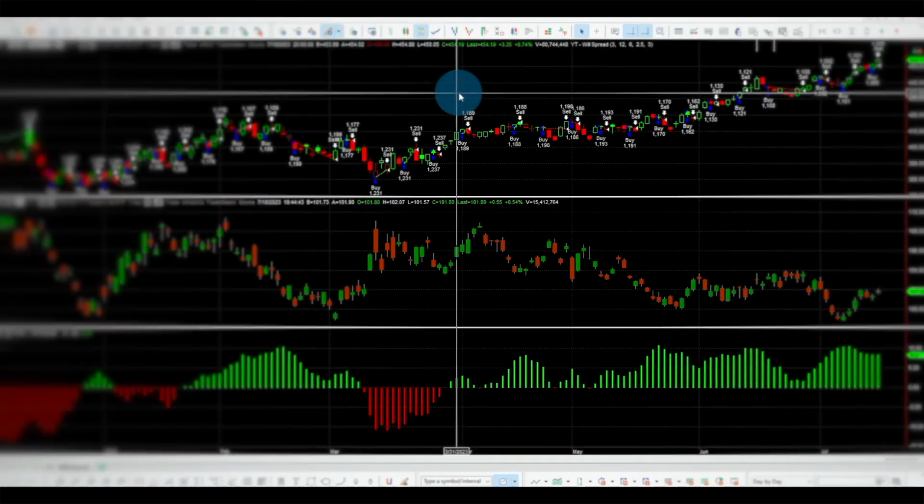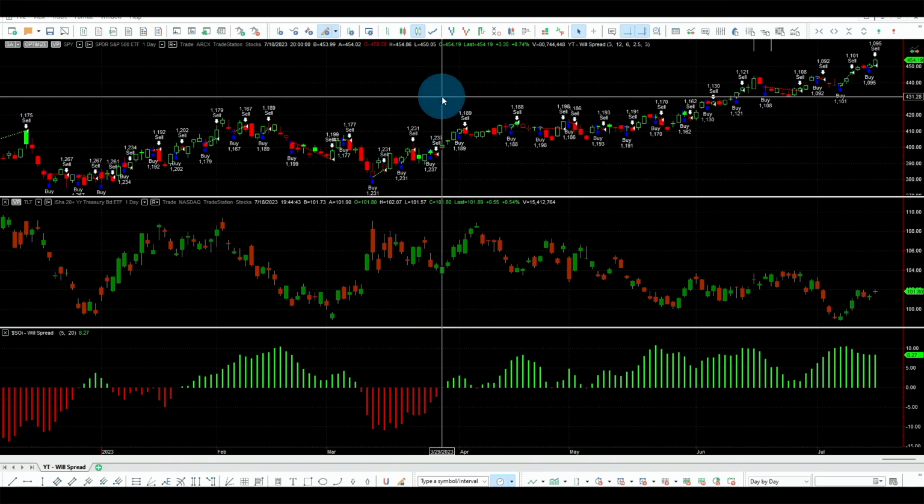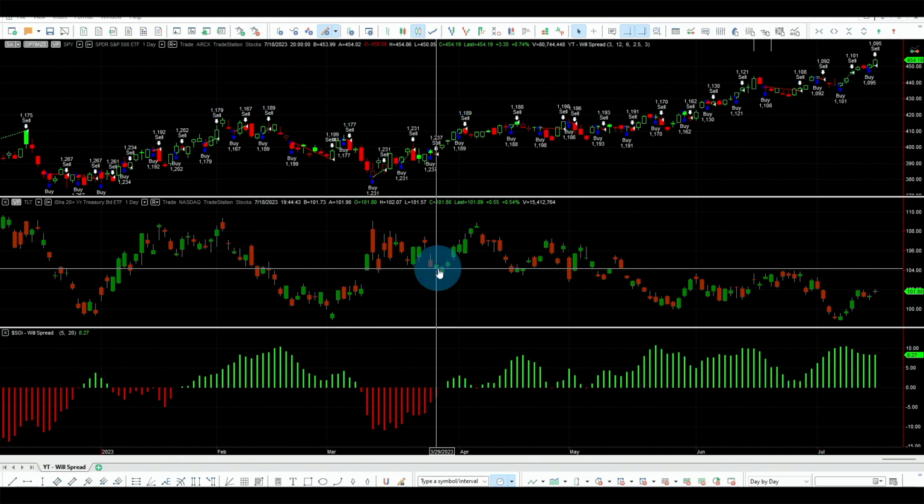I mentioned at the beginning that this oscillator can be just like the MACD, where you can build a signal and an average of the signal, and then you can use the cross of two of those signals, above 0, below 0, and so on and so forth. But you can also make this oscillator a filter for other signals. To illustrate this concept, here I have the S&P 500 with TLT.